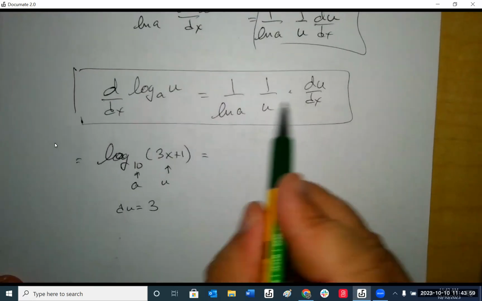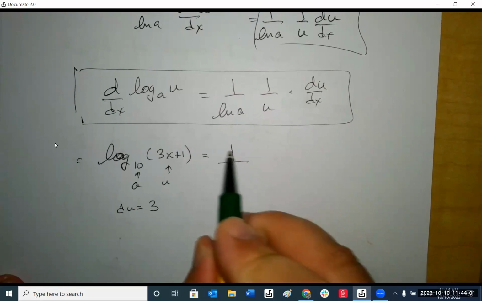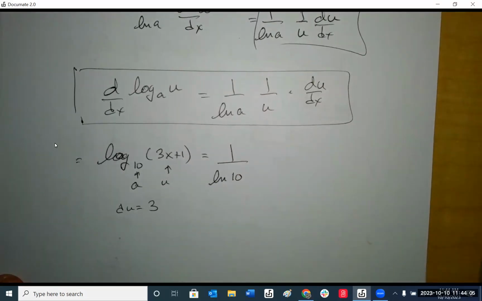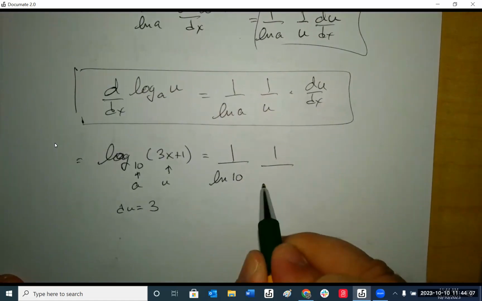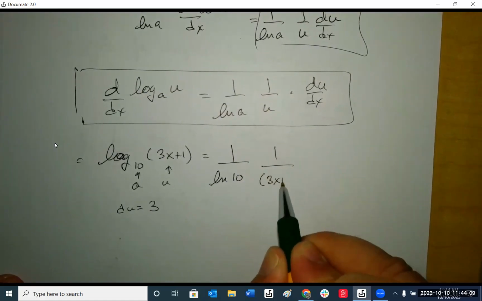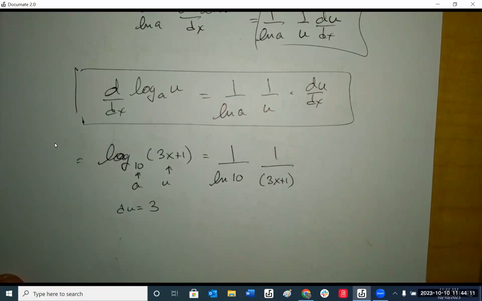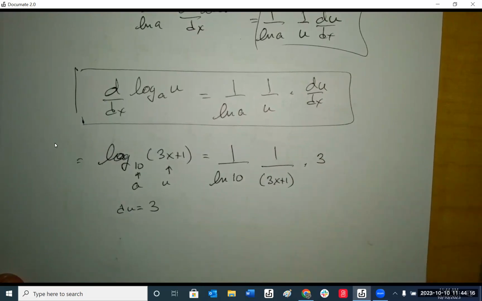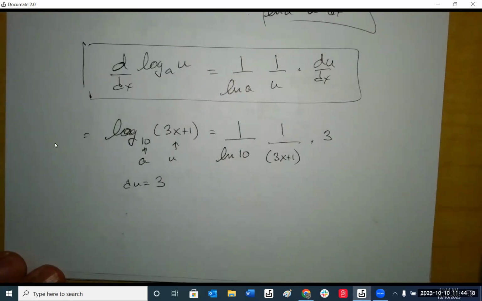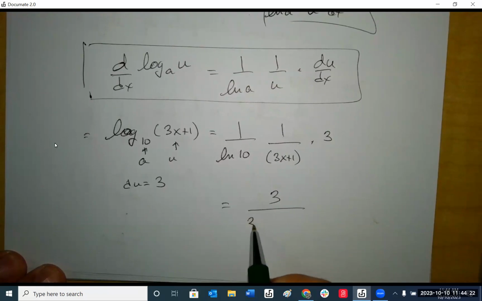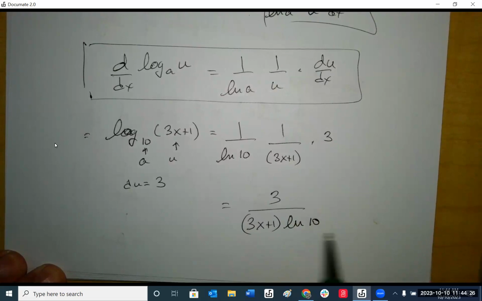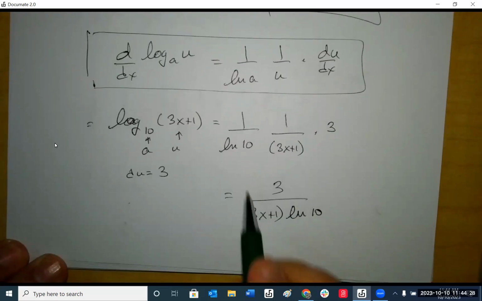So let's just plug them in there now. 1 over ln 10, 1 over 3x plus 1 times 3. And there's your answer.